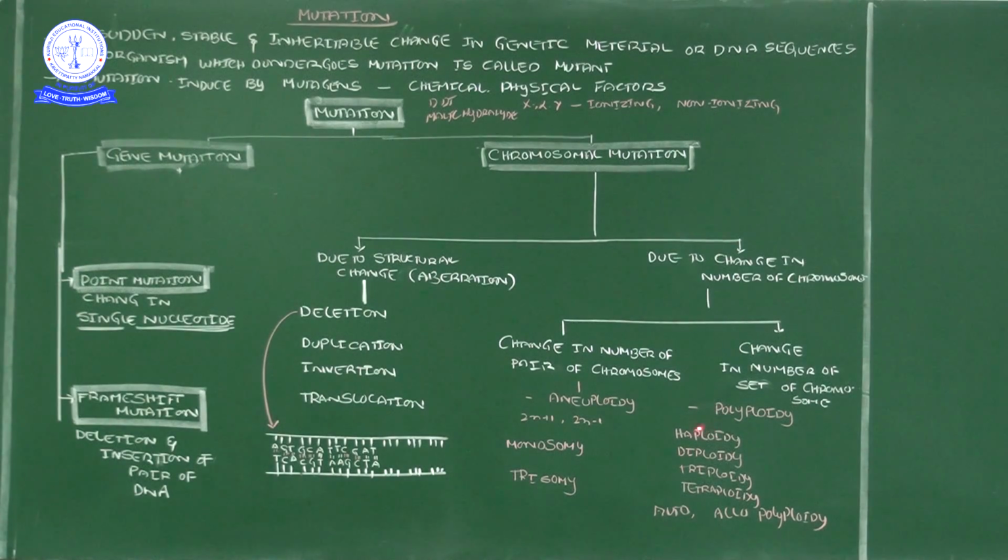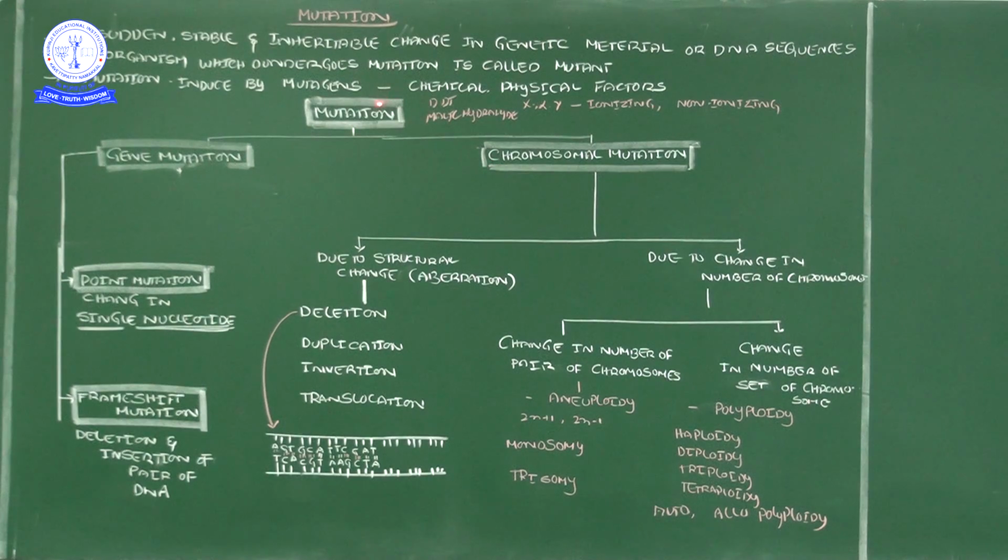So here the different ways are haploidy, n condition, diploid, 2n condition, triploidy, 3n condition, tetraploidy, 4n condition. So that is the thing. Based on that, autoploidy and alloploidy, that means autosomes increase or allosomes increase. Based on that we classify the mutations into several categories.